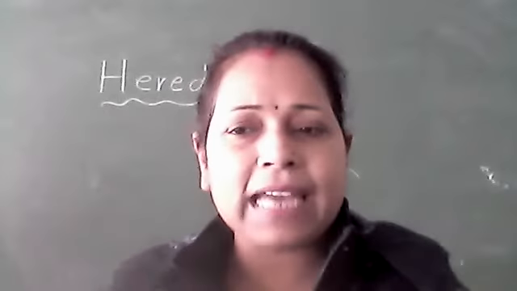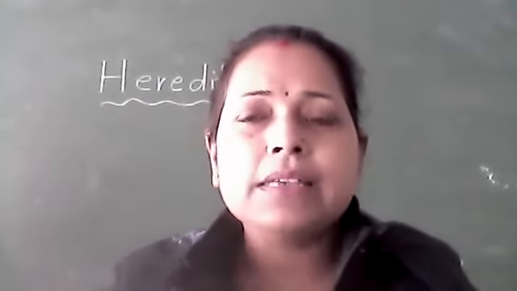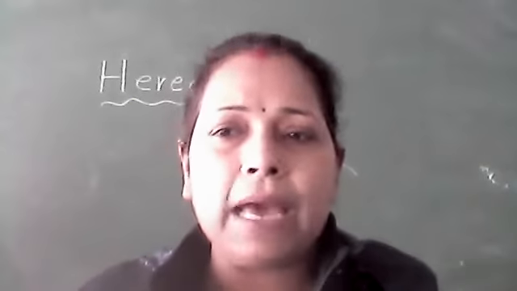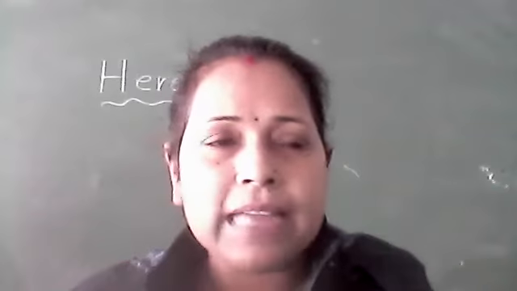See, two types of characters are there. Some characters come to us through genes. That is the genetic character. That character we take from our parents, so that character is called inherited character. And acquired character is that type of character which we gain throughout our lifetime.